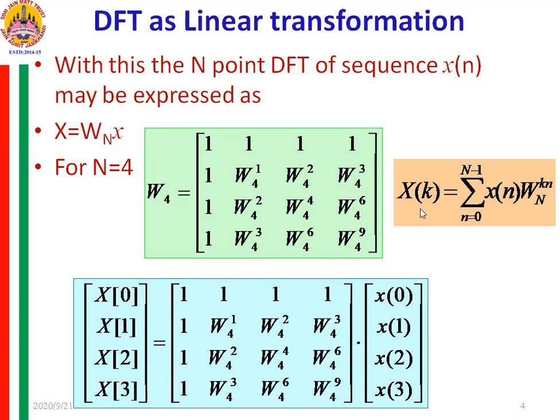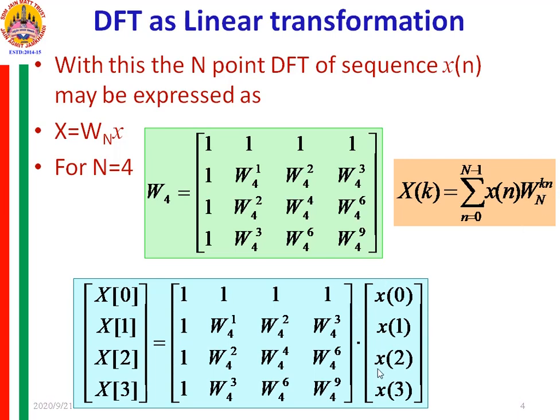When in this expression you substitute k is equal to 0, X0 is equal to W raised to 0, which is 1, and x of n where n takes on the values from 0 to N minus 1, which in this case is 3. So 0 to 3 means x0 plus x1 plus x2 plus x3.